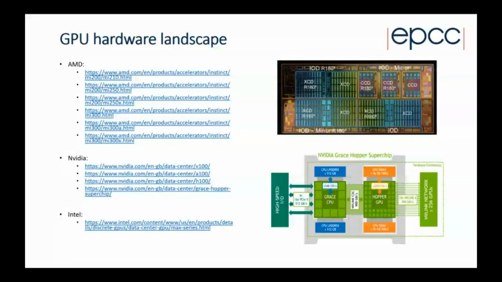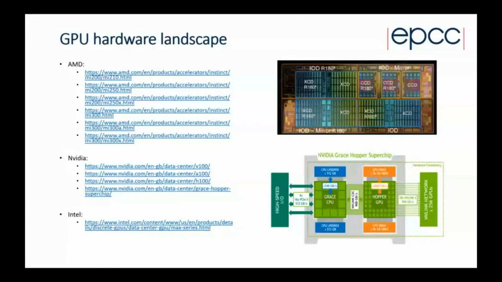If you have access to LUMI in Finland, that also has MI250Xs. And more recently, there's been releases of the MI300A and the MI300X. The MI300A has CPUs and GPUs embedded on the same chip, and the MI300X is a pure GPU, similar to what we're going to see in the MI210s, MI250Xs, and all the services.